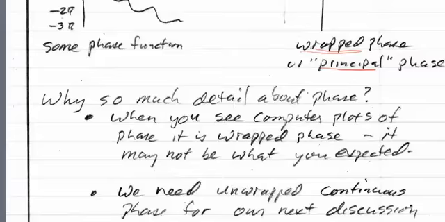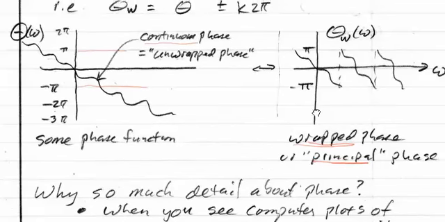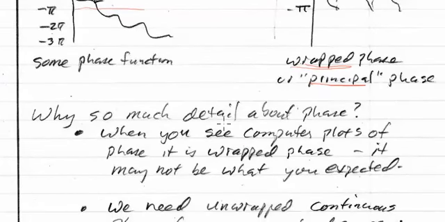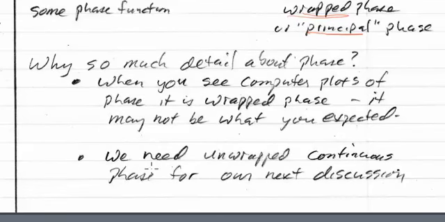It may not be what you expected, but there's a good chance you did it right. It's just wrapping around the phase that you expected and forcing it into the principal range. So that explains something you'll often see. The second reason is I need unwrapped continuous phase. I need you to understand that idea for the discussion that's coming up in a second.